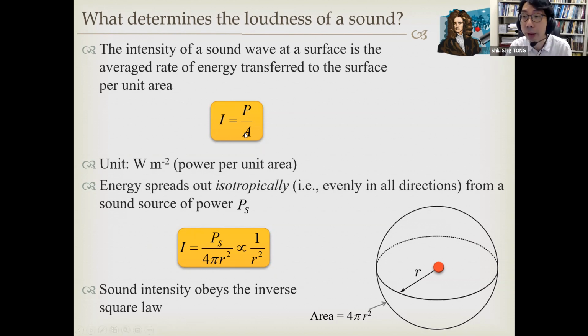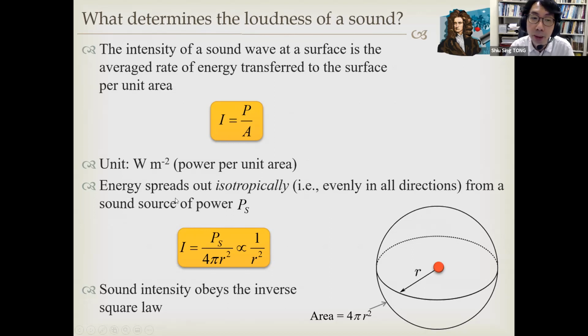So the power per unit area gives you the intensity, which is essentially the loudness of the sound you hear. The units for the intensity of sound is power per unit area, so it's watt per meter squared.